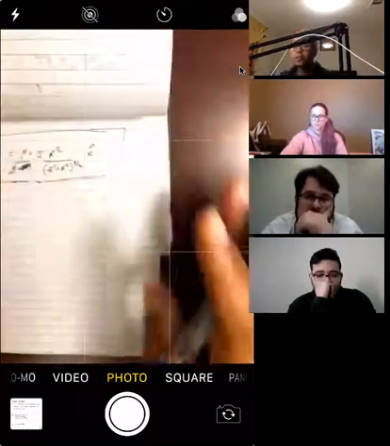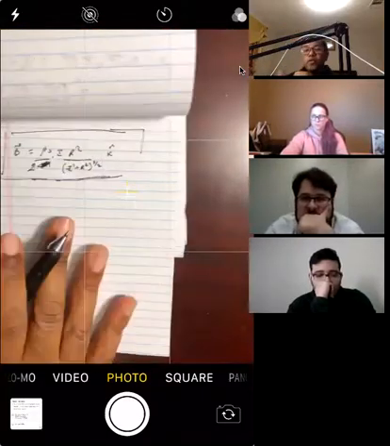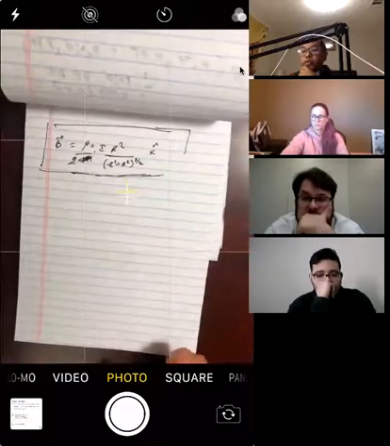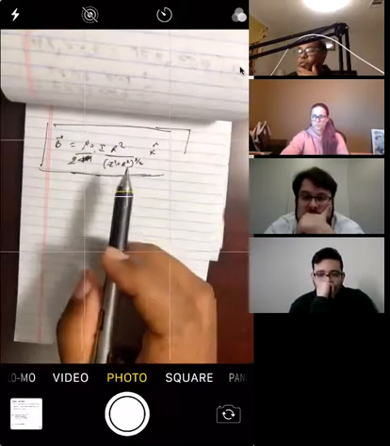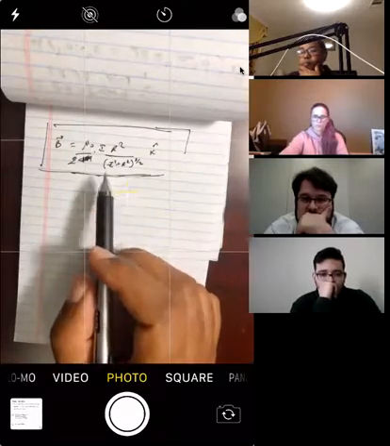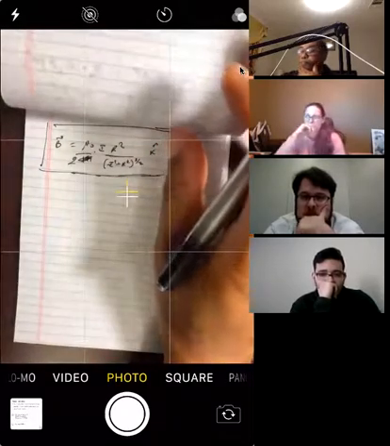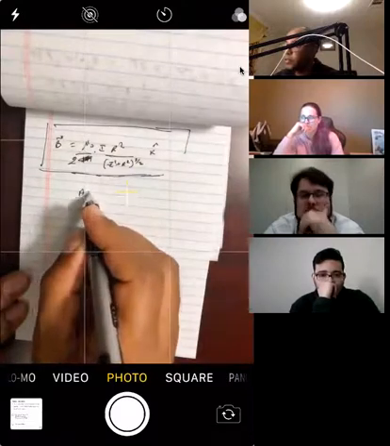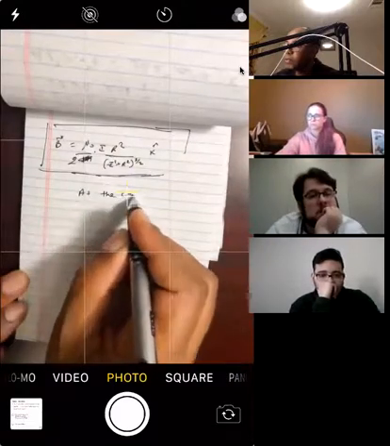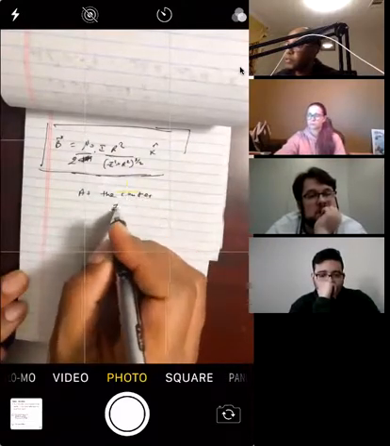Now, let's check the formula at the center of the circle. At the center of the circle, what's the value of z? 0. So at the center, z equals 0.